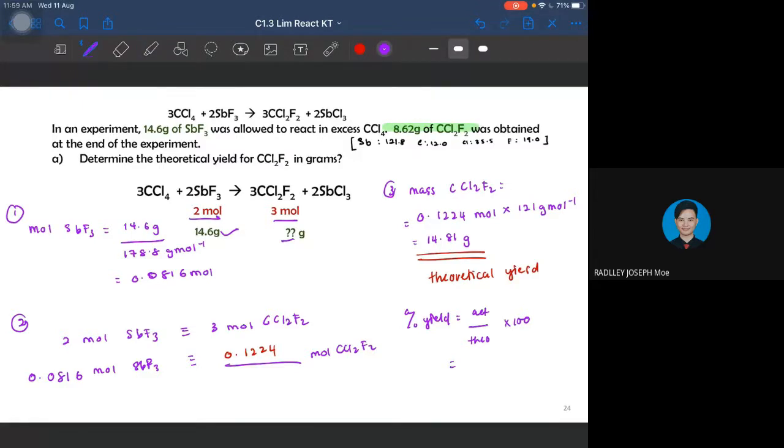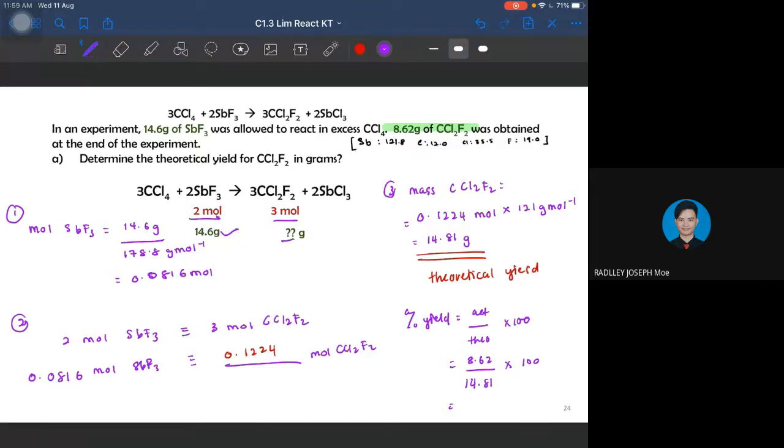Okay, so boleh masukkan terus dalam formula, 8.62 bahagi theoretical 14.81 times 100. So kamu akan dapat berapa persen? 58.2%.